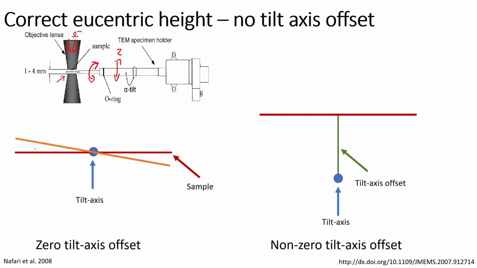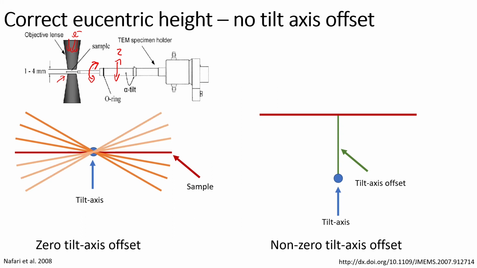So when we start to tilt our sample, we see that our sample is still located on the tilt axis, and we can tilt it to positive or negative tilts. The sample still remains in the same place. This is when the tilt axis doesn't have any offset, so the offset of the tilt axis is 0.